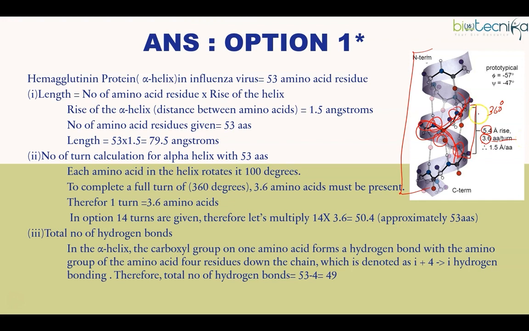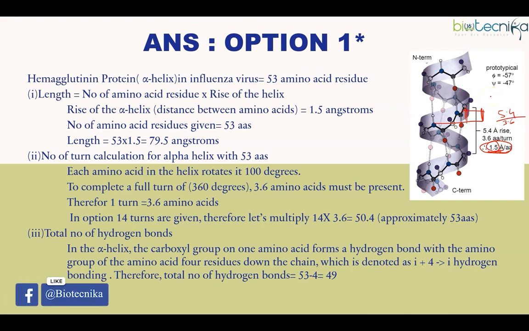So the distance between two residues will be 1.5, because the total is 5.4 and 3.6 are present. So 1.5 is the distance between two amino acid residues in the alpha helix. If you calculate for this protein which has 53 amino acid residues, the length is the number of amino acid residues into the rise of the helix.